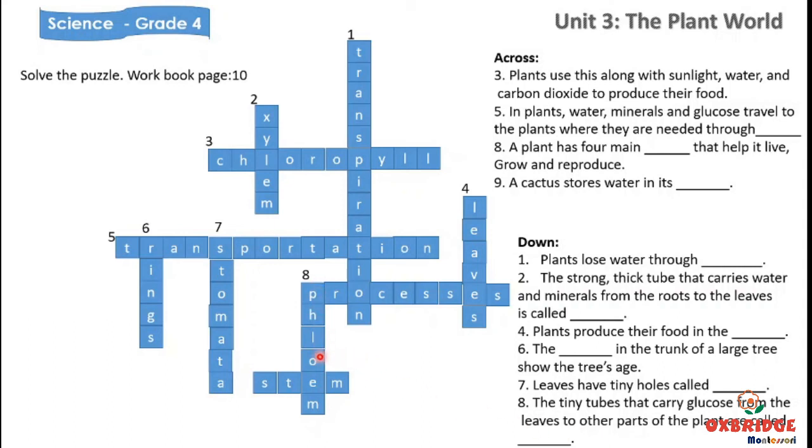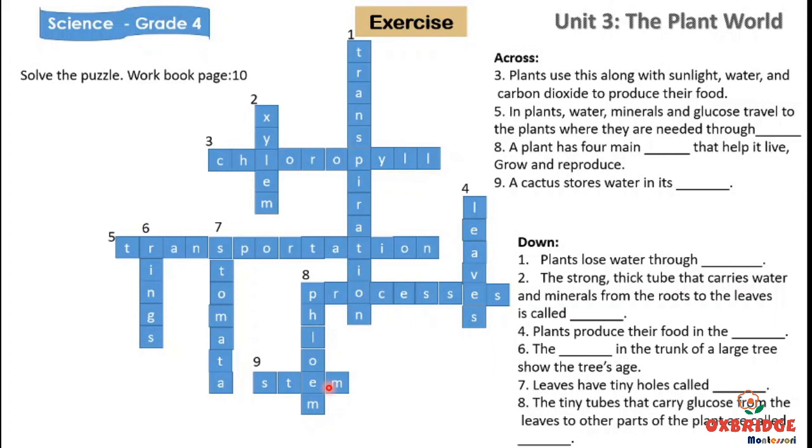So the tubes which carry food to different parts of the plant are known as phloem. Number 9: a cactus stores water in its stem. So here is the answer. Cactus stores water in its stem.